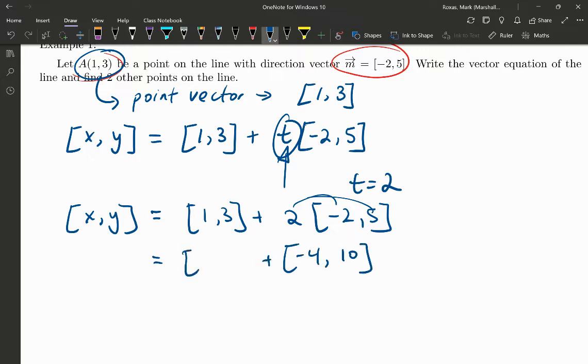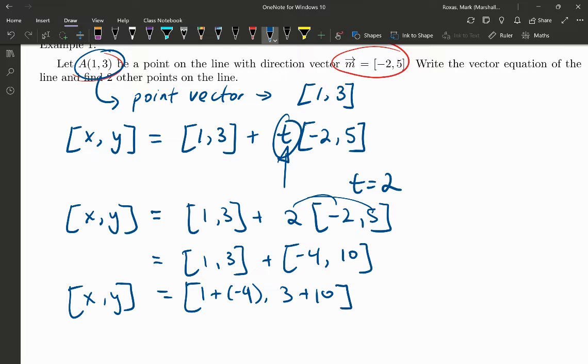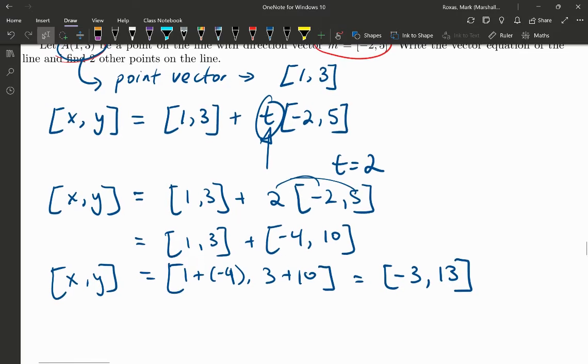When added to [1, 3], I just add their components, and so I get a point on this line as [1 + (-4), 3 + 10], which is [-3, 13]. So there's a point on this line, just by arbitrarily setting that scalar parameter t equal to 2.